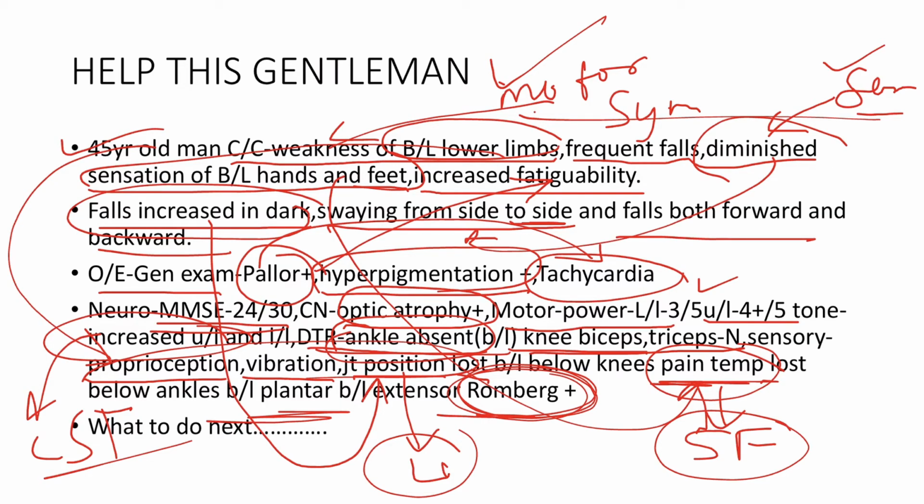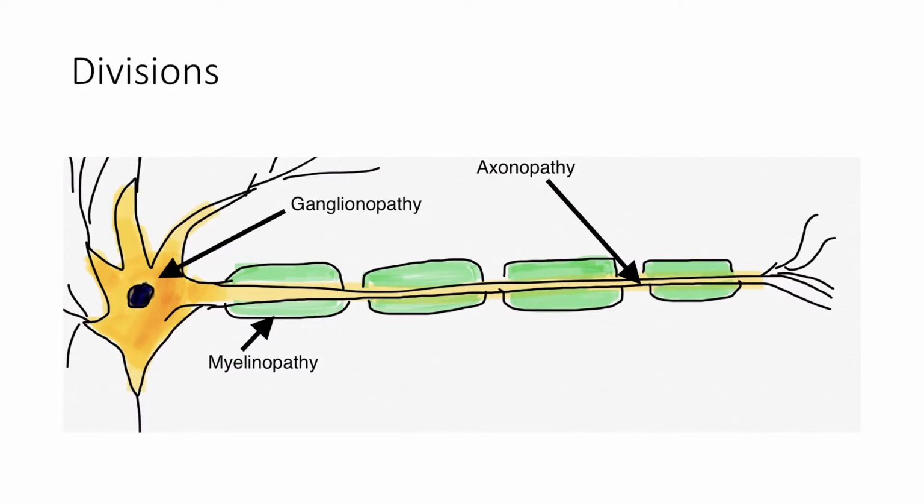So how do you proceed in this case? Basically, before discussing this particular case, I'll be talking about the divisions of the neuron, right? You have this neuron, you have been reading this fundamental neuron since your undergraduate days. This part is known as the cell body, and this is the axon.